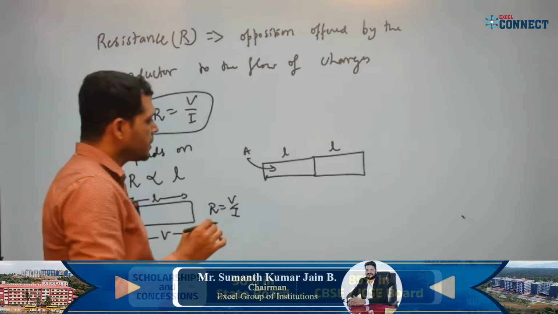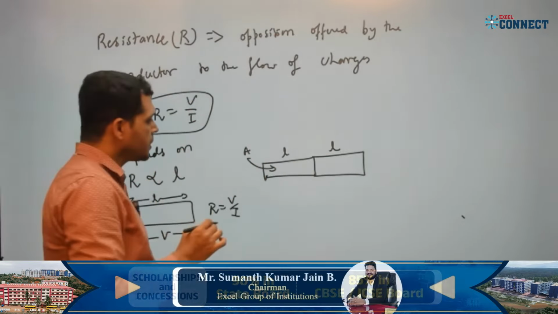Current is I. Now what is V by I here? V by I is equal to resistance. So I will write this as 2 times V by I, that is R. R dash is equal to 2 times R. Correct? Now what does it mean?